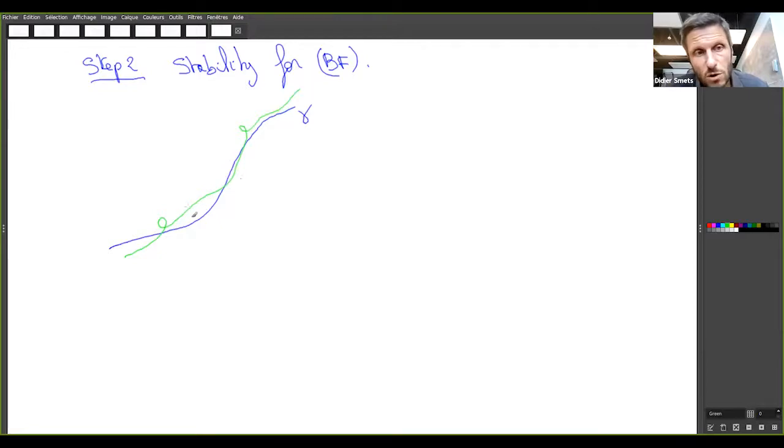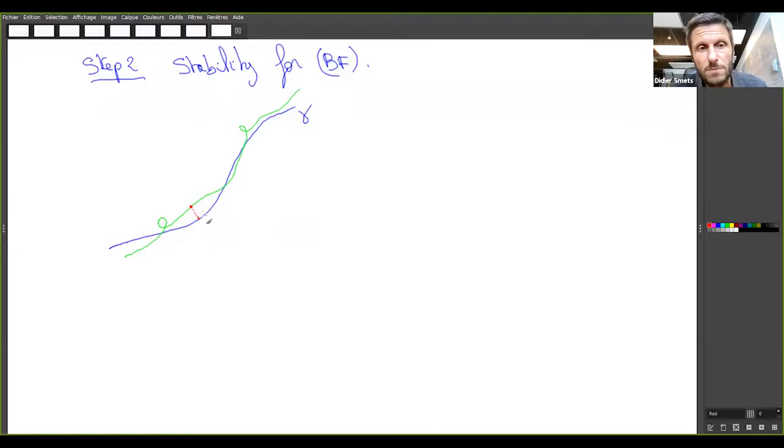And I want to measure somehow how close this green curve is to the blue curve. And to do that, I'm going to consider a vector field. So when I take a point here on the green curve, I'm going to consider the closest point here on the blue curve. If the two are sufficiently close, then the blue curve has a nice curvature.